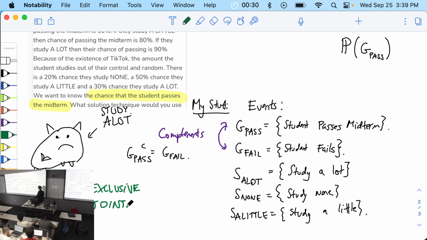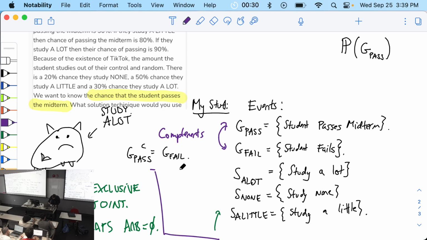The thing I'm going for says something about what you get when you do all of them together. So this is no overlaps, AKA A intersect B is the empty set. And the thing I'm talking about is their union. There's another special thing, and it involves their union.